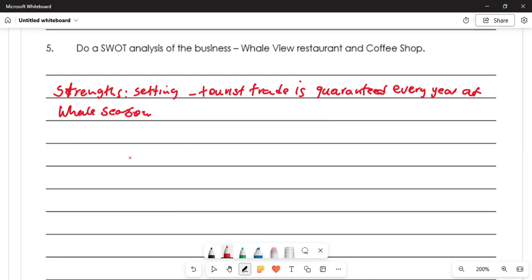Tourists visit throughout the year. That's what it means.